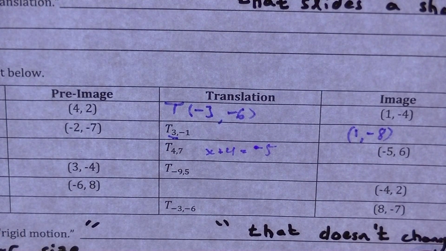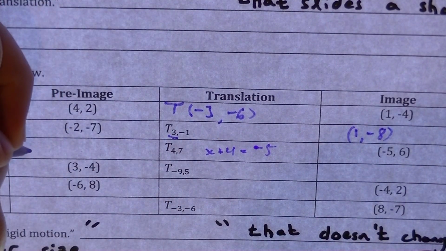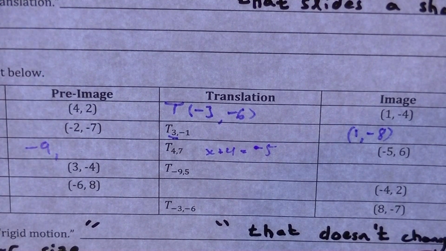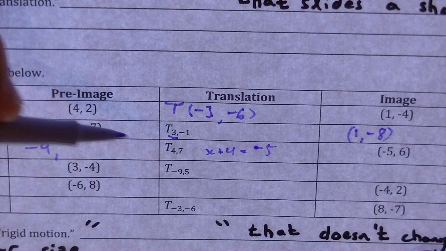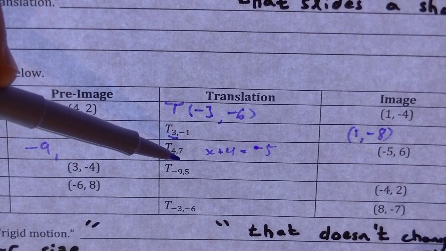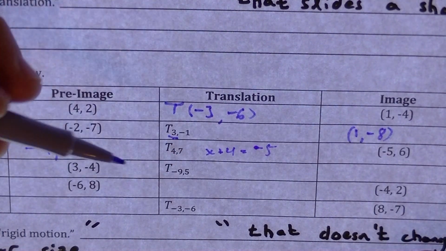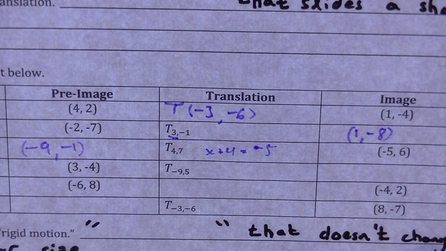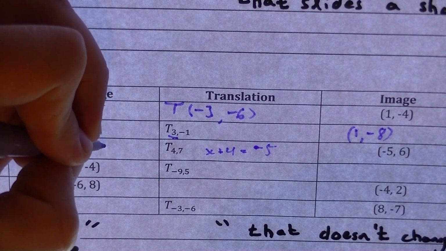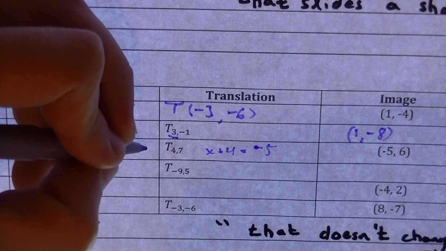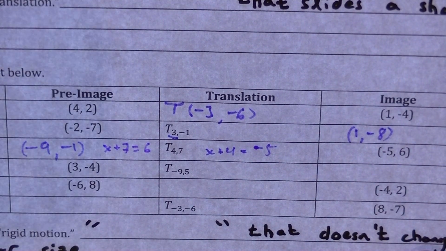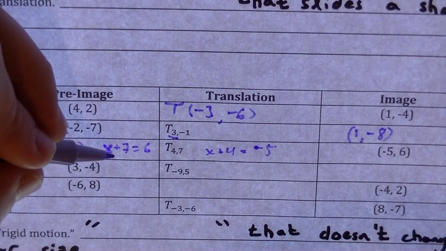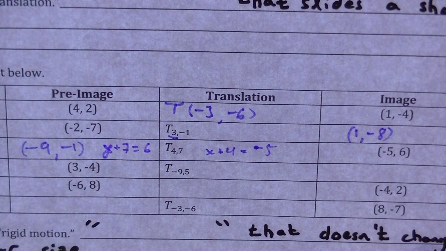If I do the algebra, my original x coordinate was negative 9. Similarly, what did I start out with that I add 7 to and end up with positive 6? That's going to have to be negative 1. If you try the algebra, that would be y plus 7 equals 6. It will be negative 1 plus 7 gets me 6.